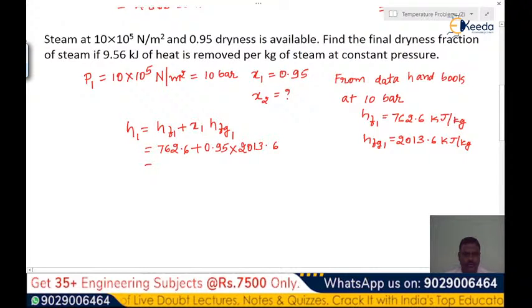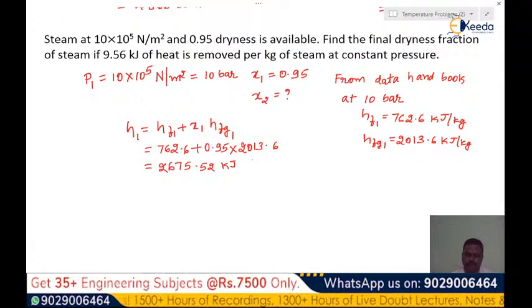So H1 will be 2675.52 kilojoules. So this is the enthalpy of the wet steam at 10 bar when its dryness fraction is 0.95.